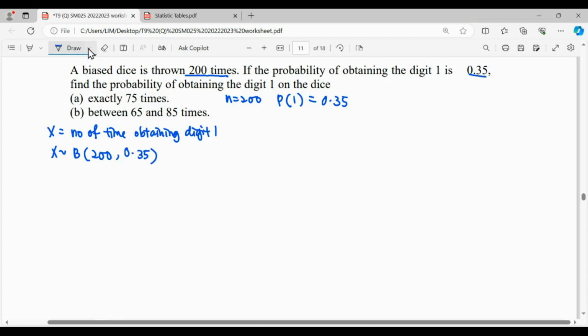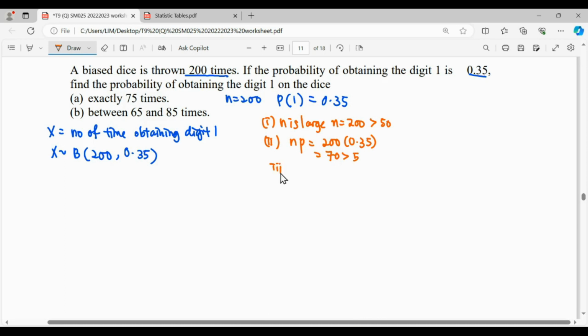When we observe this distribution, the first condition we notice is that N is large, where this N is 200, already more than 50. Number 2, we can check the mean, N times P, which is 200 times 0.35, gives us 70, which is more than 5.